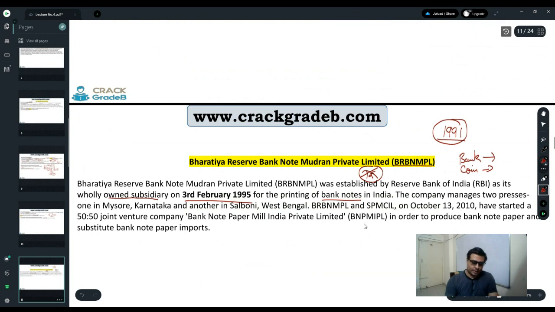Okay, I'll tell you. The maximum amount of note is 10,000 and the maximum amount of coin is 1,000. Right? During the Second World War, the 10,000 rupee denomination note was printed, and later on it was disbanded. Right? And regarding coin, I told you about one law, that is Gresham's law.